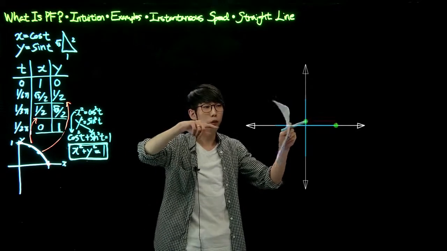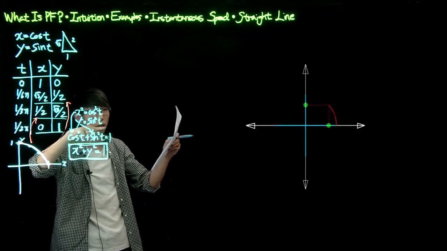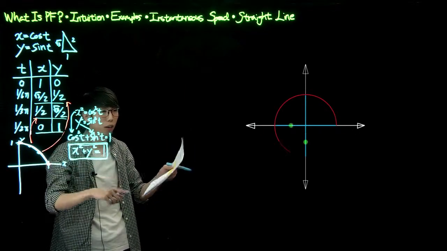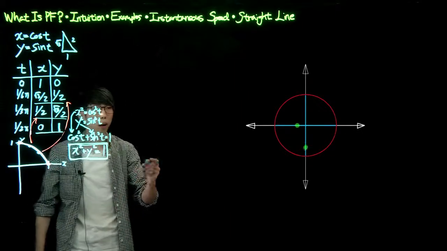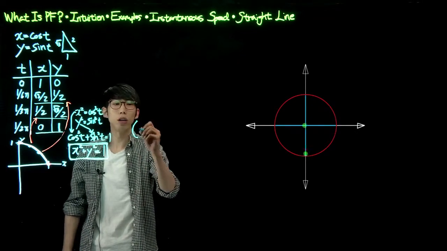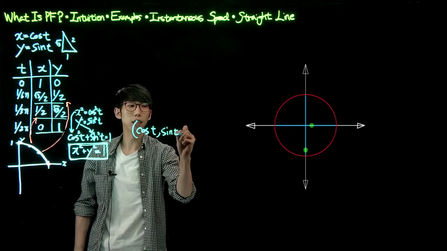We combine them, and we're going to see its movements now. It's moving very, very slowly. And if we connect the coordinates, it draws a circle. Remember I told you the coordinates would be cosine t, comma, sine t, right?